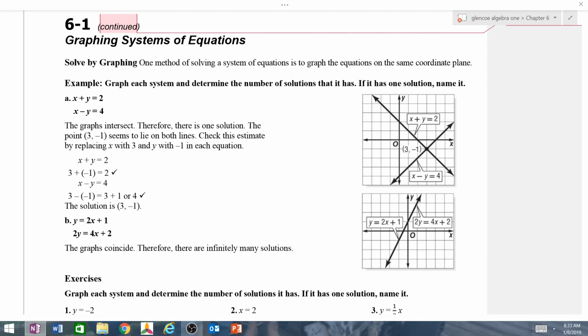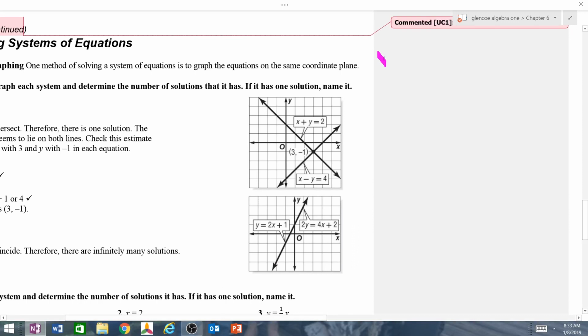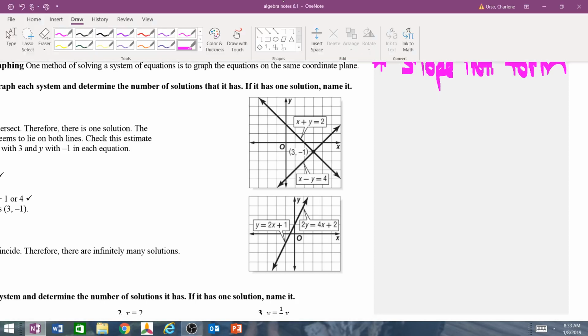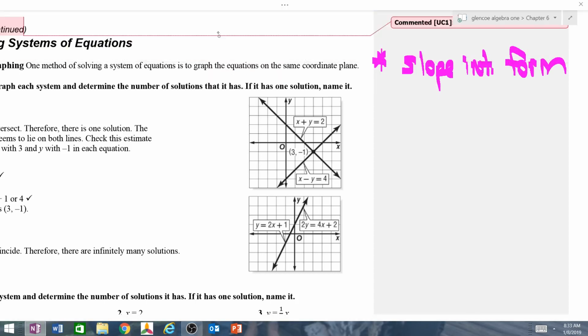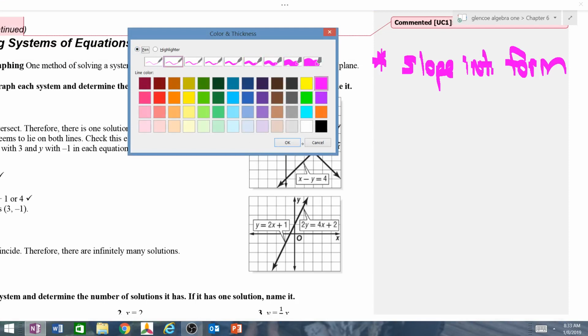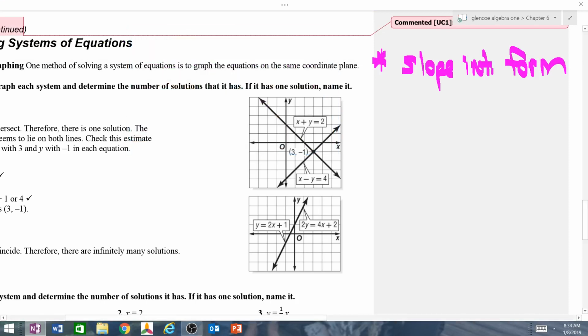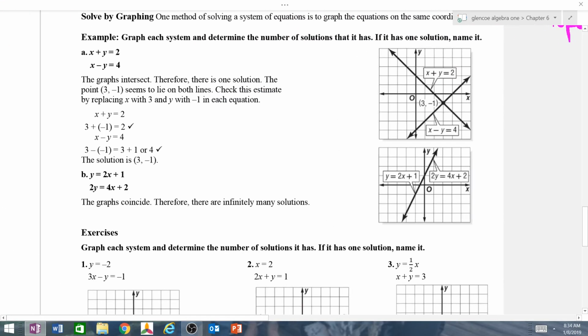I'm going to give you a hint. I would put the equation in slope-intercept form, and then I would go from there.